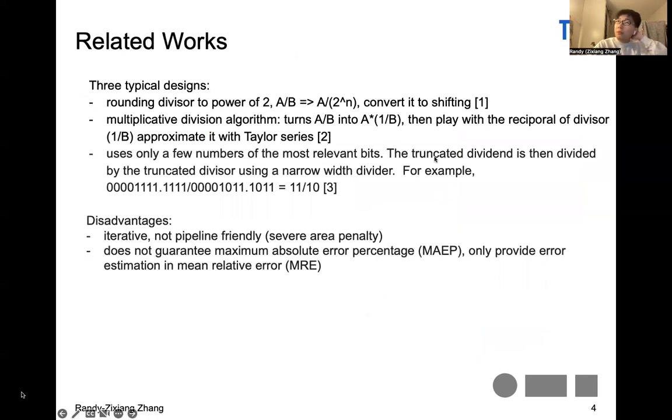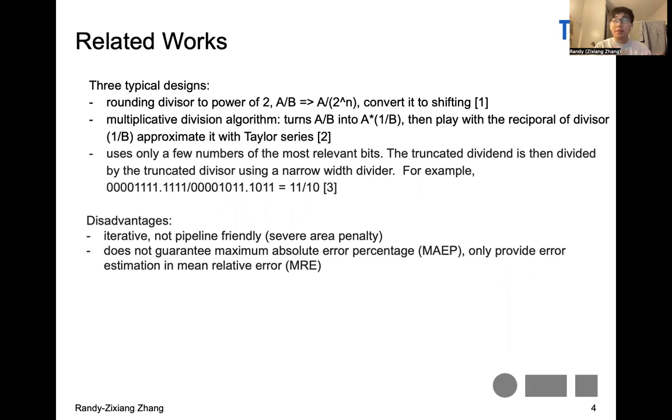And throughout the literature research, normally you will find 3 types of designs for approximate dividers. The first one is rounding the divisor to a power of 2, because as we know in hardware, if you divide something by 2, that corresponds to a shift operation, which is fairly easy to implement.